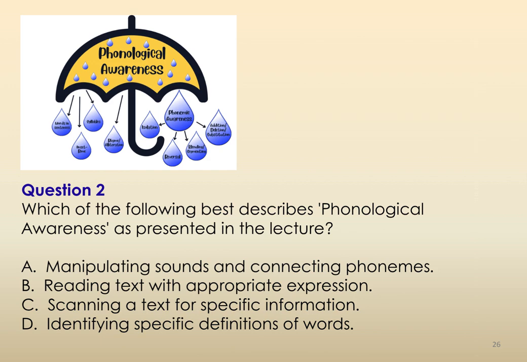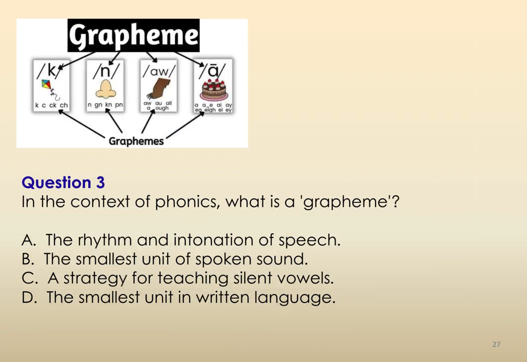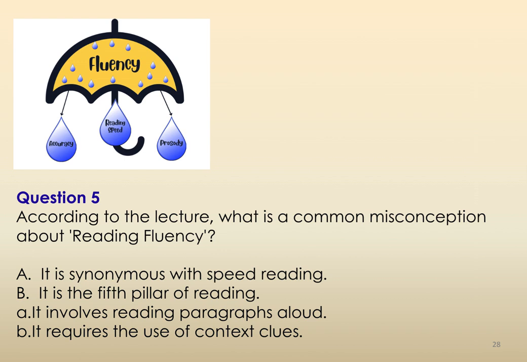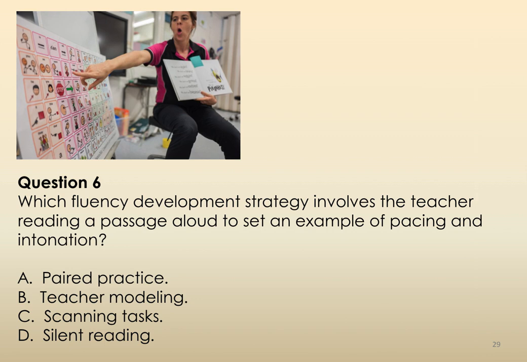So again, you have four options and only one is correct. The third question is related to the definition of the grapheme. The fourth question is related to the definition of fluency. And obviously you have four options and only one is correct. And the last question is related to the techniques of reading and one of the sub-techniques of reading.